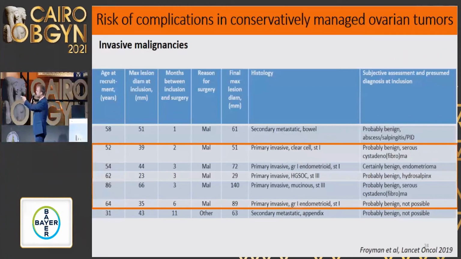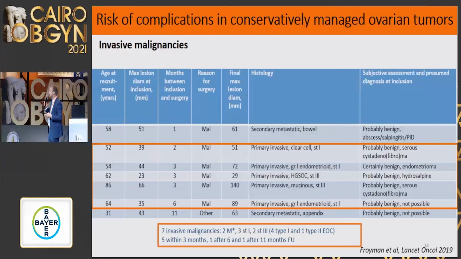You can see that there was 1 patient that had surgery after 1 month, after 2 months, 3 months, and only 1 patient after 6 months, so within 11 months' time had surgery. So there was a very small delay in diagnosis. The patients were not walking around a long time with the cancer. It's very short after the recruitment. And those are very interesting findings.